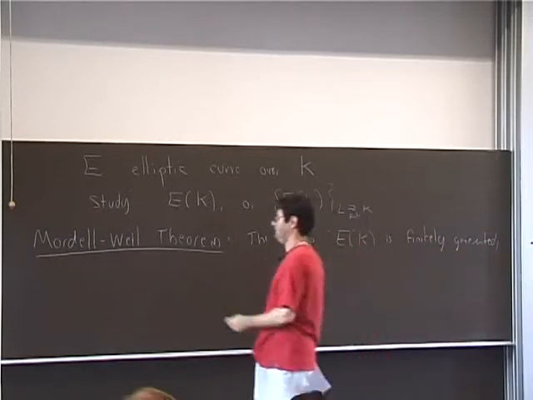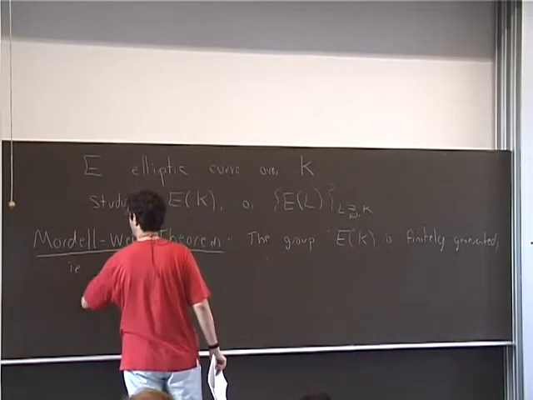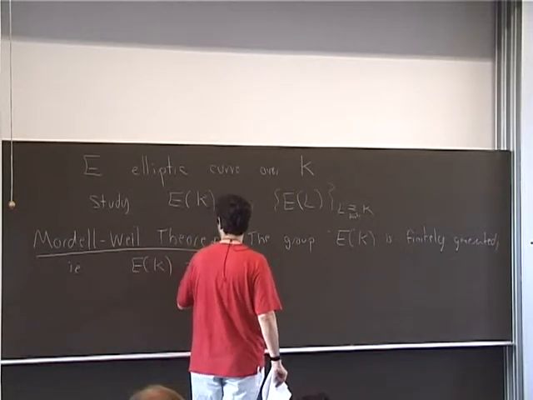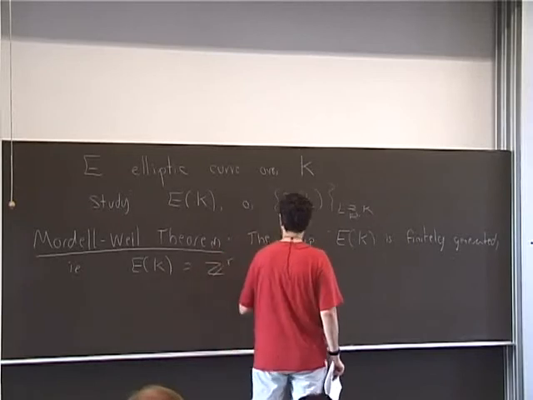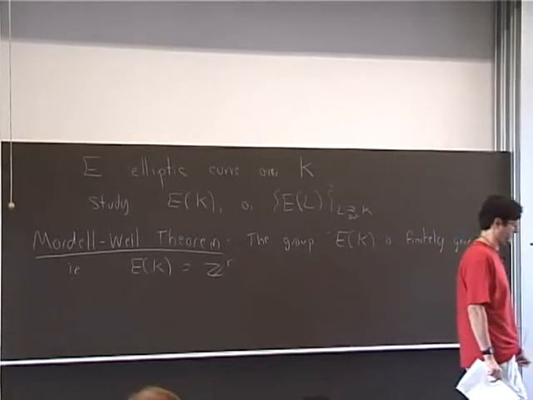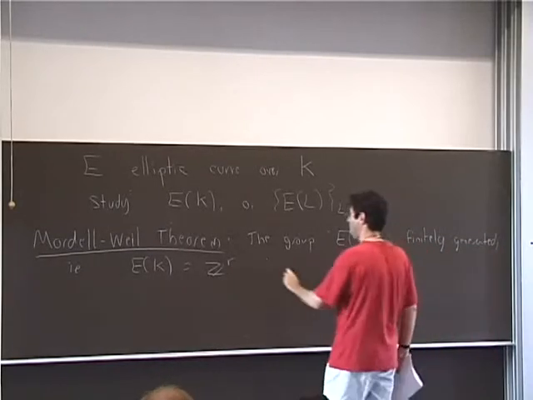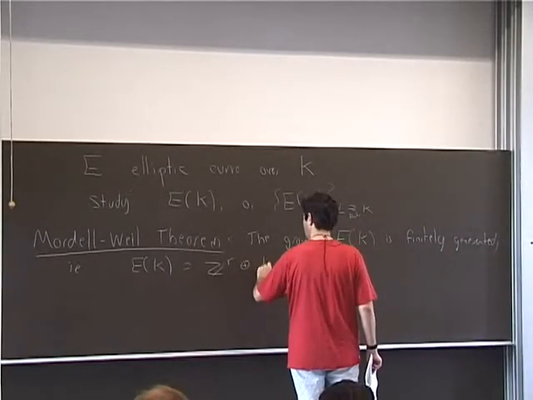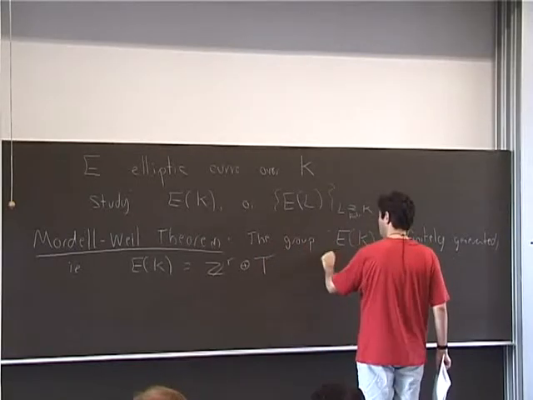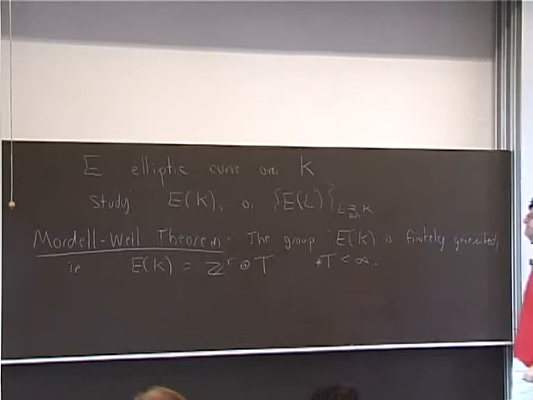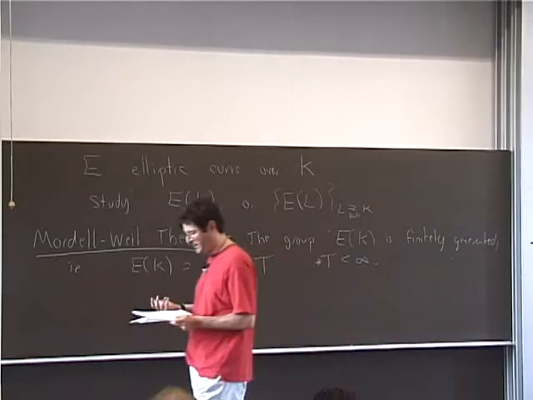That is, we can write E of K as a direct sum, non-canonically, of R copies of Z and a finite subgroup. This one is canonical. This is the torsion subgroup, T. So the cardinality of T is finite.